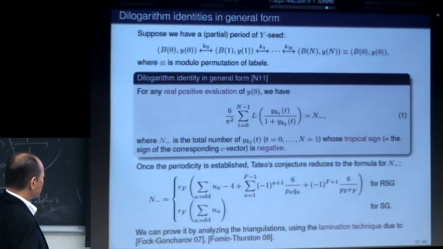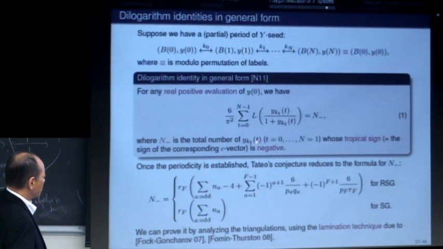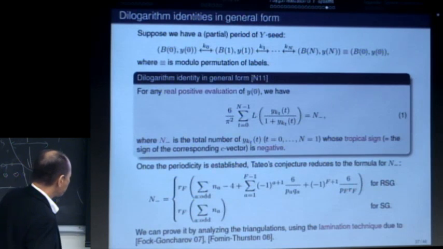regardless of your solution, where this number is the total number of your mutated variables whose tropical sign is negative, where tropical sign is by definition the sign of the corresponding C vectors.